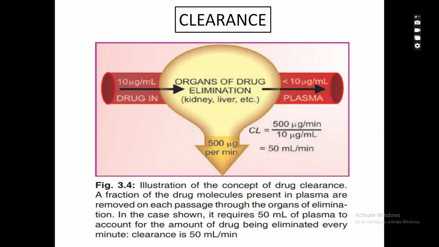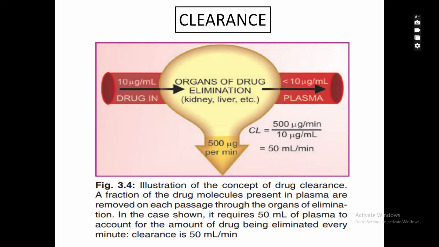Coming to an example, suppose the kidney is excreting a substance at 500 microgram per minute. The concentration during the inflow into the kidney was 10 microgram per ml, and in the plasma going out of the kidney, let's assume it is 0 microgram. It is totally eliminated, a pure clearance through the kidney. So per ml, the drug comes down by 10 microgram.